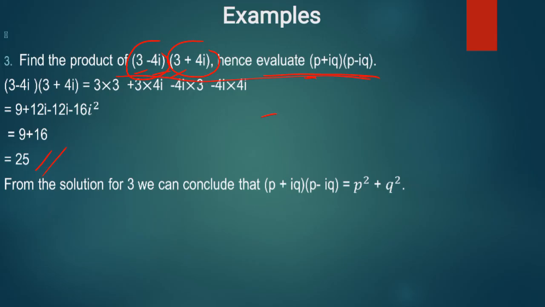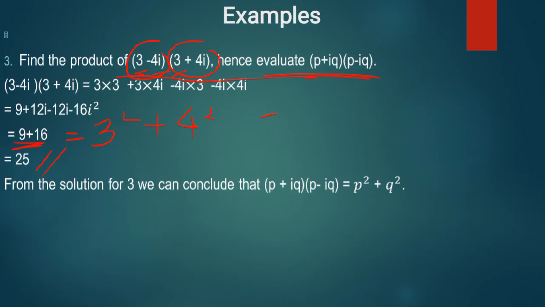So they're similar. So if that is the case, what we see is that when we had 3, we had 3 times 3, because this is the same as saying 3 raised to the power 2 plus 4 raised to the power 2. We solved it and we got this.